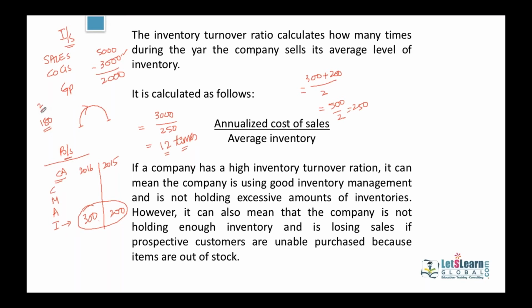Every 2 days the food items are to be sold, like vegetables, fruits and all. Whereas electronic goods maybe 100 times, which means maybe around 3 or 4 days you may be selling it. But for a vehicle or car showroom, it may take 10 to 15 days, which means around 25 times a year.